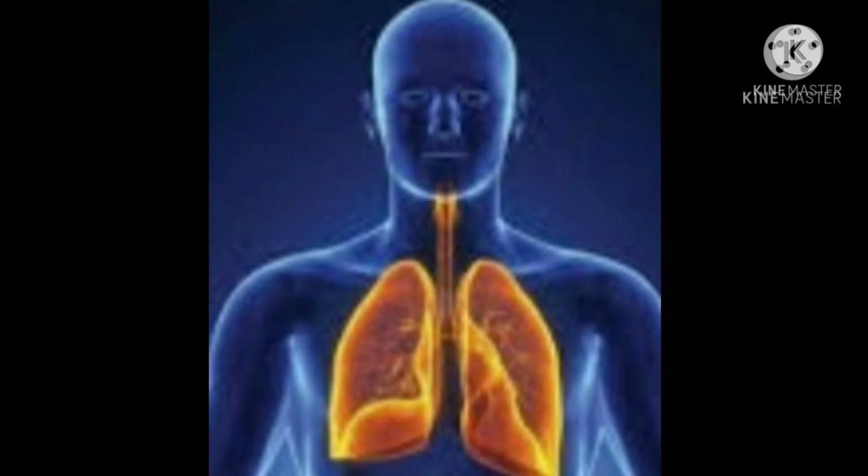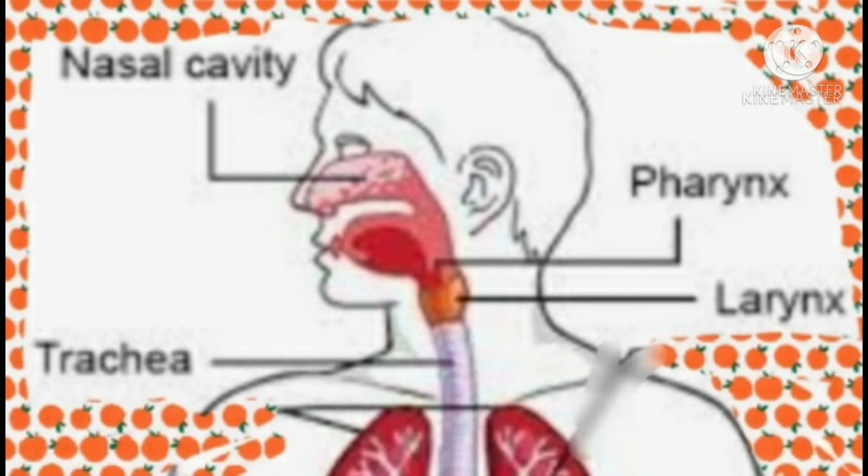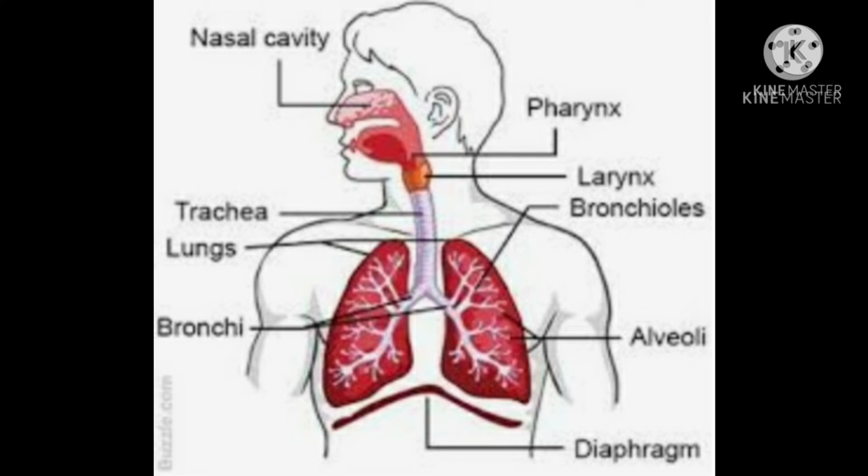Let us study the working of our respiratory system. We normally breathe in air through the nose. The air from the nostrils passes through the nasal cavity, larynx, trachea, bronchi, and finally reaches the lungs.